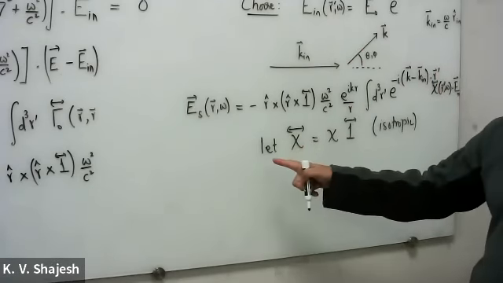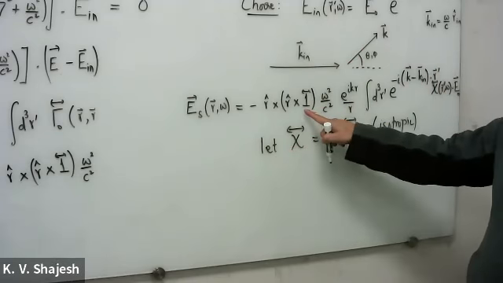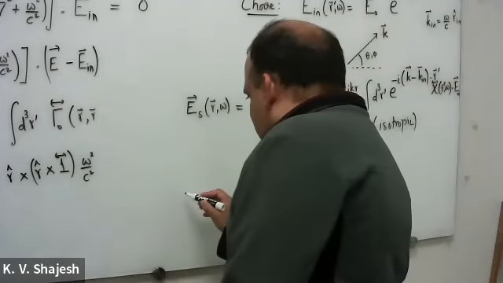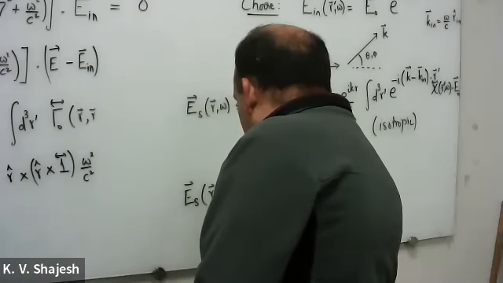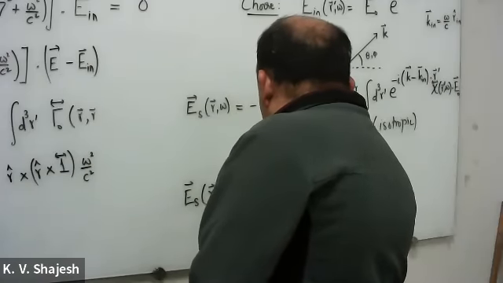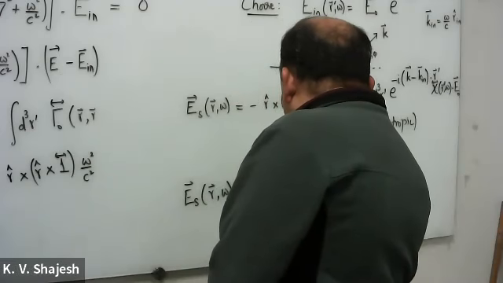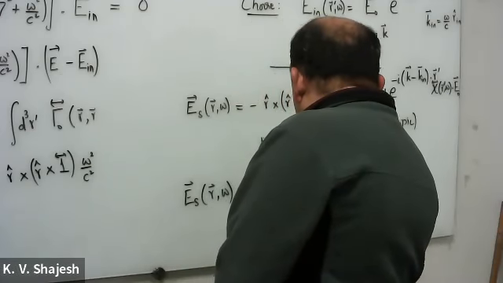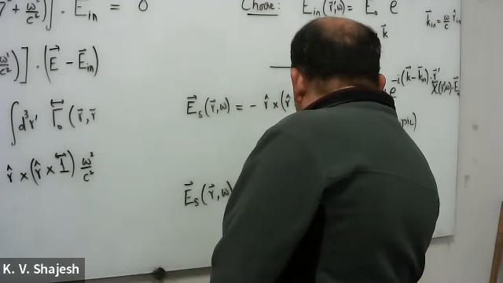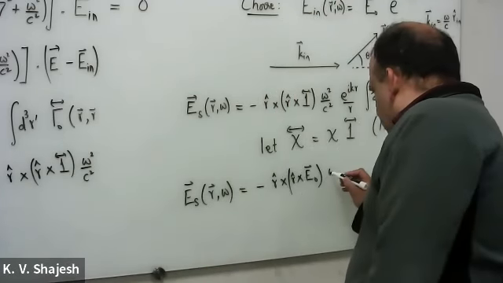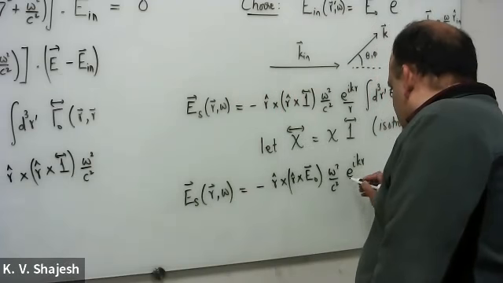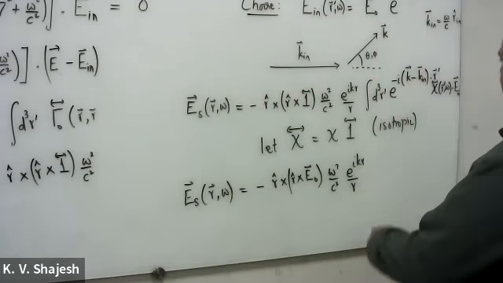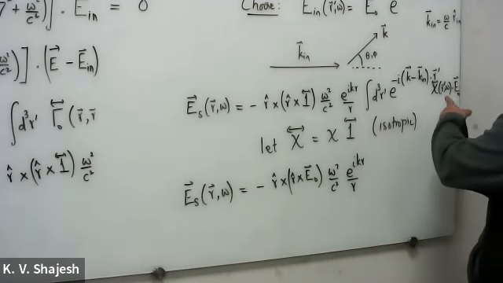E naught can come outside, and this will go in here. So then there is a significant simplification. E scattered of omega is equal to minus r hat crossed with r hat crossed with E naught, omega square over c square, e raised to i k r over r, and this is nothing but the Fourier transform of chi.